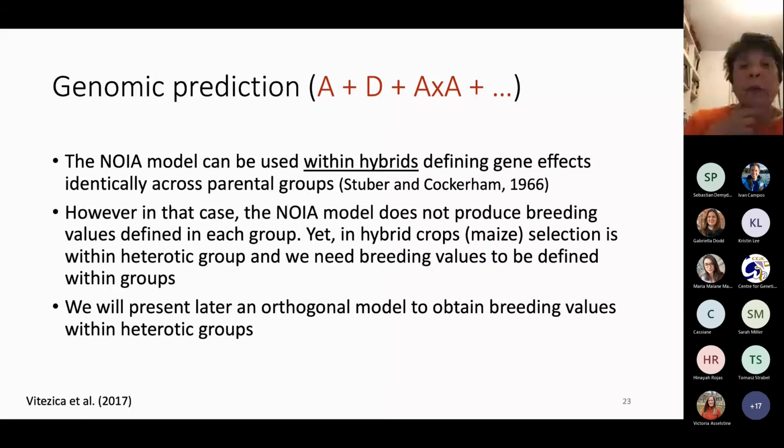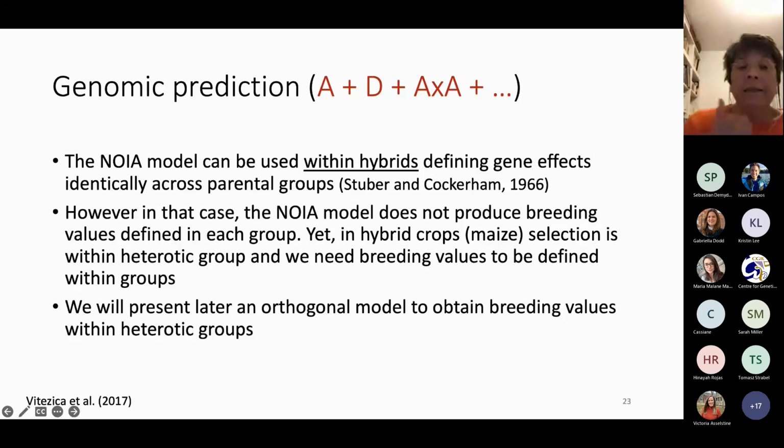Okay, the NOIA model can be used within hybrids, defining gene effects identically across parental groups. That is a model that is very old, because we can find it in the paper of Stuber and Cockerham from 1966.